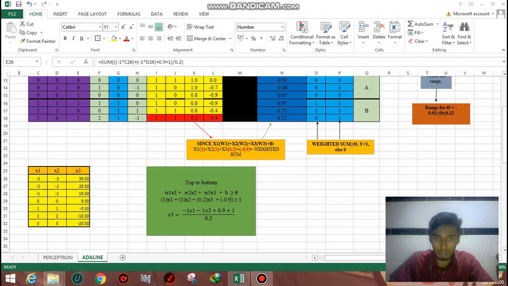We use that formula and bring the x3 out, and we simplify the solution so that we can get the value by substituting the values of x1 and w1 to find the value x3.